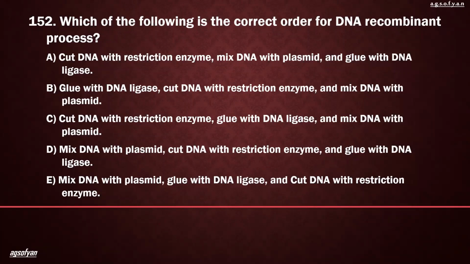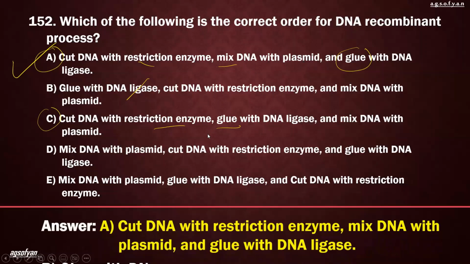Yeah, so you choose this and this. Cut the DNA. Correct. So go to the next one. What is the next one? Do you glue it first or mix it first? That's the sequence. You would mix it. Glue should be the last one, right? So this should be the correct answer. That's how you eliminate the choices that are not correct.